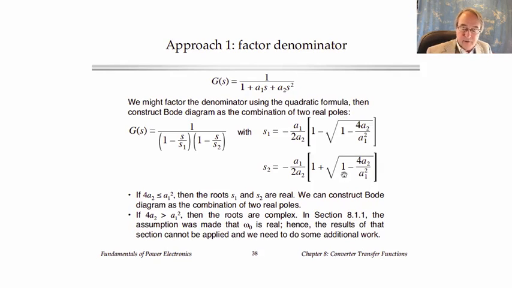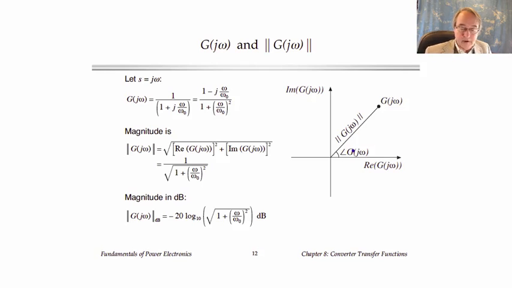But in the other case, where the discriminant is negative and we have complex roots, then we really can't use what we've already talked about in the case of the single pole. It doesn't apply. Going back to the slide from the previous lectures for the single pole, what we did was we let s equal j omega and found what G of j omega was for the single pole case.